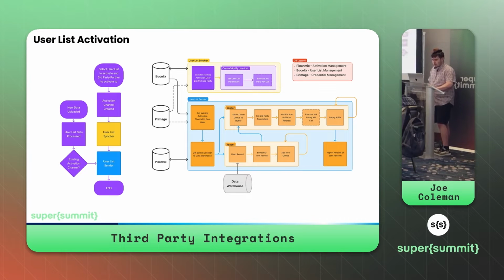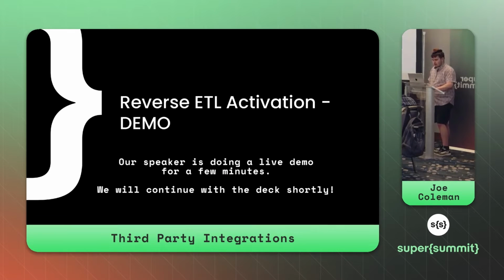So now I should just give a quick demo. I don't know if any of you in the room have been on it, but essentially we're on our Habu console platform.